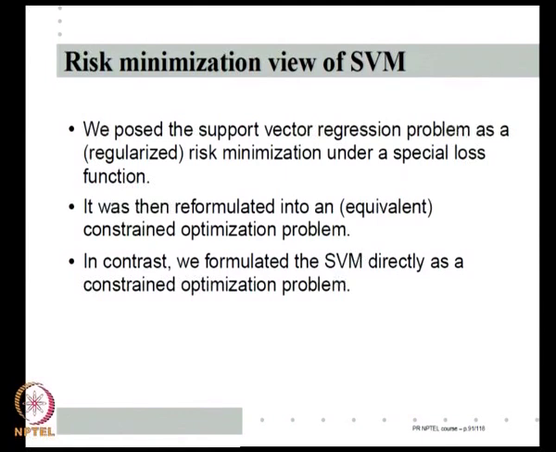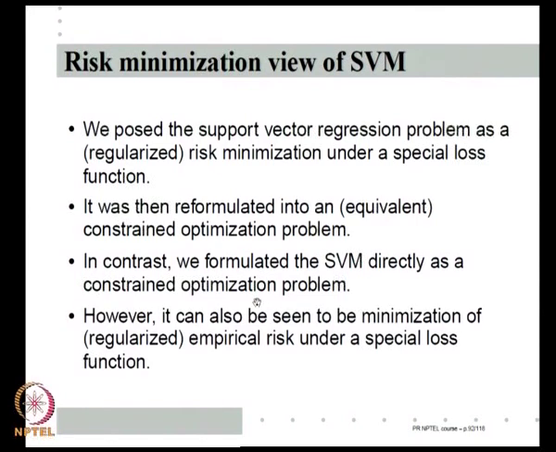Among all hyperplanes that satisfy the separability constraint, find the one with minimum margin. But now we know the connection between constrained and equivalent unconstrained optimization problems, at least sometimes they can exist. So, one can ask, can SVM be written like a risk minimizer? As it turns out, yes, SVM is also an empirical risk minimization algorithm under a special loss function.